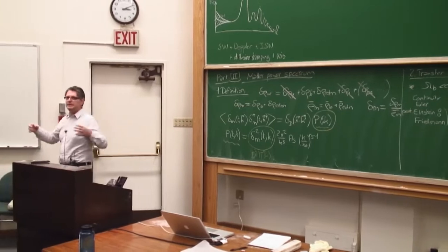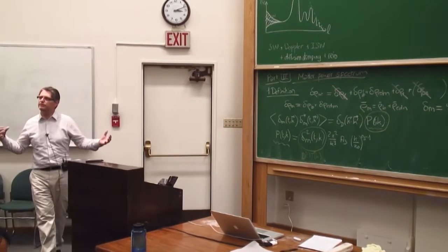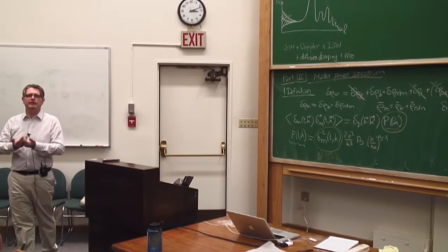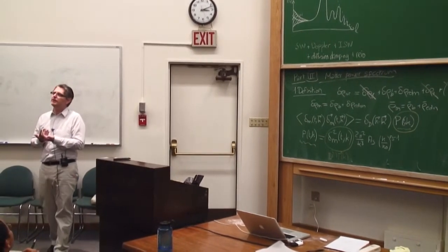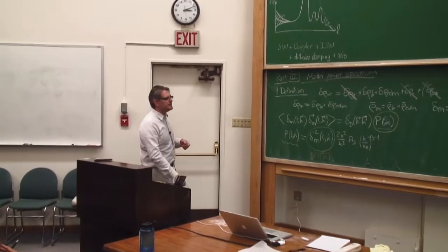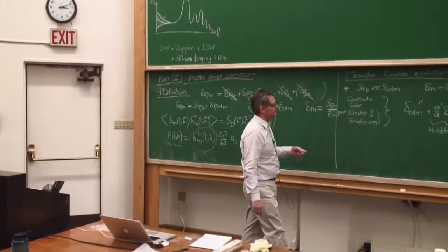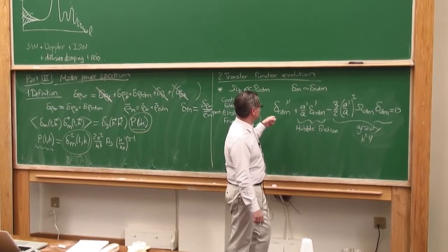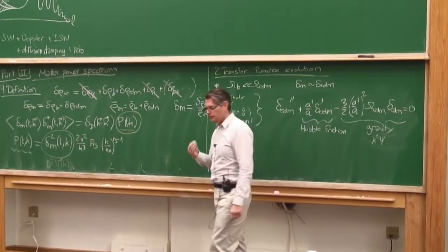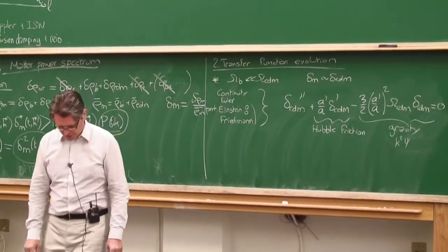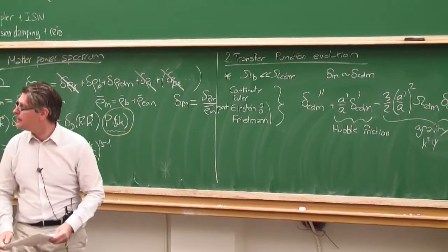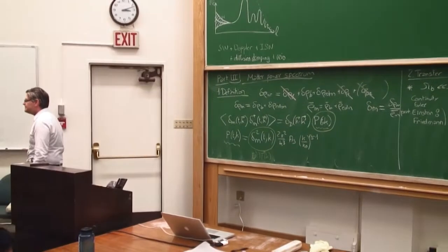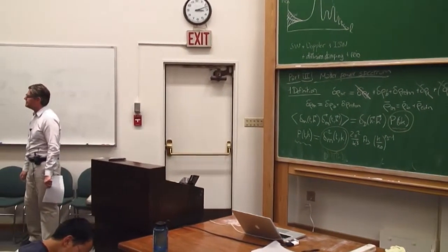If all these distances are stretched by the expansion of the universe, it means that you slow down the effect of gravity. And this is exactly the physical meaning of this Hubble friction term. If you have more expansion, this is H, then the solution of the equation will correspond to slower structure formation.